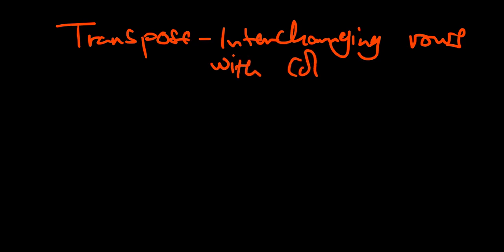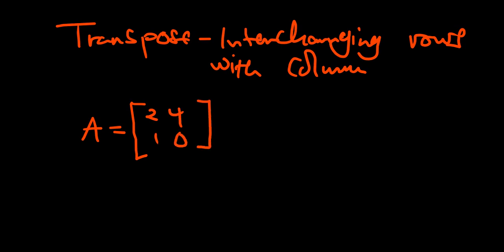So let me give an example here. If for example you have a matrix A, which is given by 2 4 1 0, its transpose will just be the matrix in the form where we are interchanging these rows and these columns. This first row here becomes a column, so we are going to write 2 and 4.